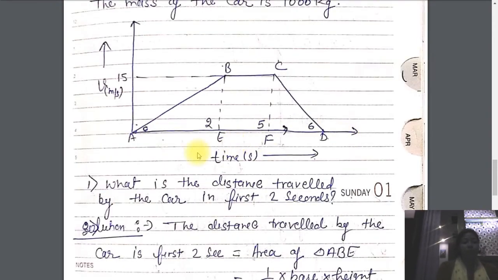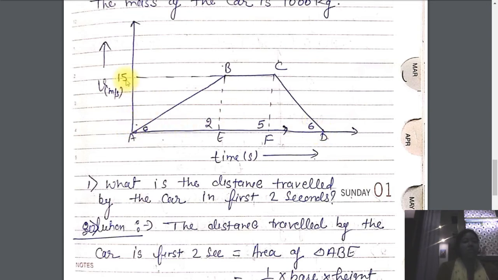From the graph, we see that this is A, B, C, D. This is the shape of the graph. The graph starts from 0. This has the value 2, which represents 2 seconds, because we have the time in seconds. This is 5 seconds, and this is 6 seconds.